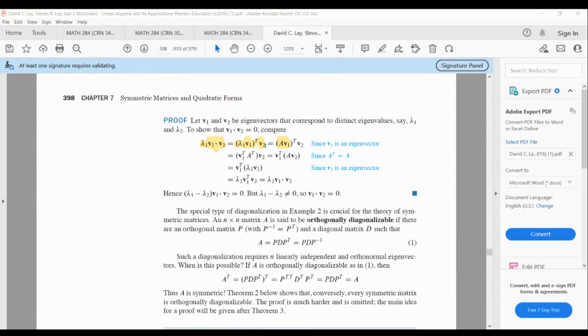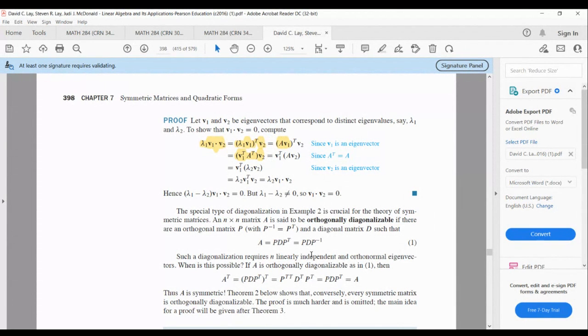But remember, by the transpose rule, the transpose of a product of two matrices equals the product of the transposes in inverse order. And so you end up getting this.